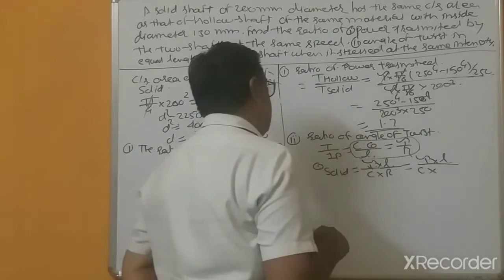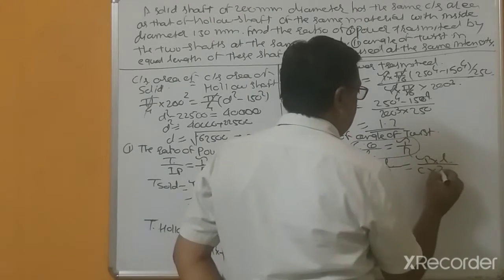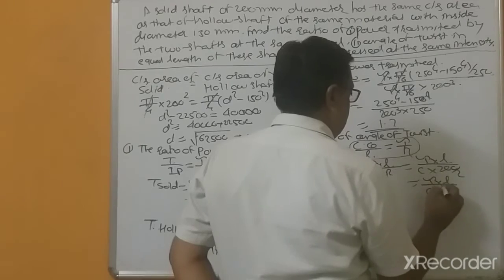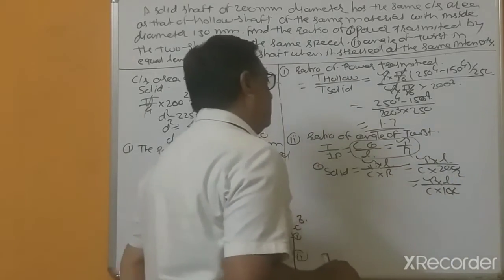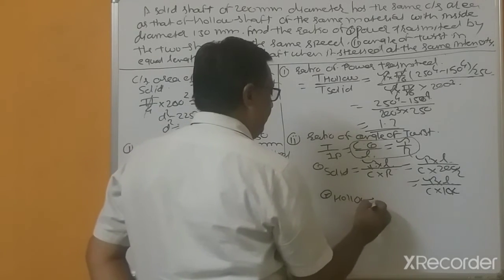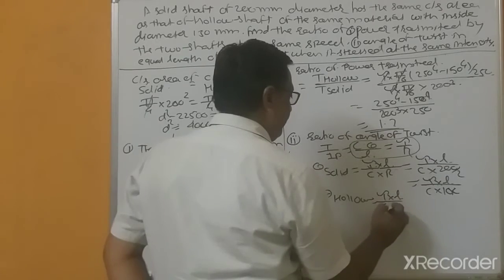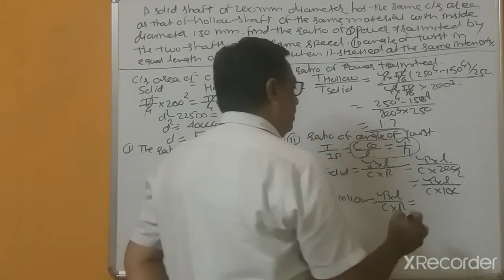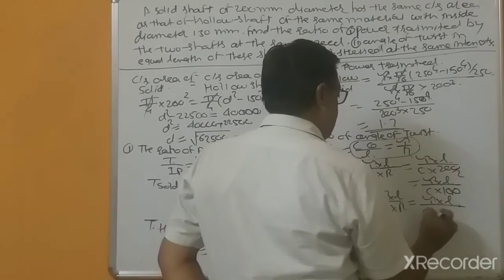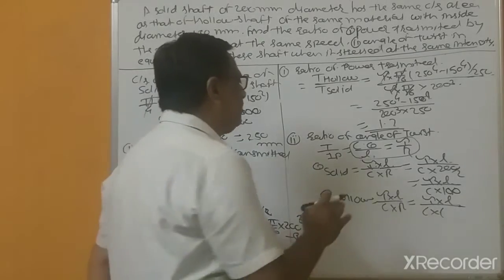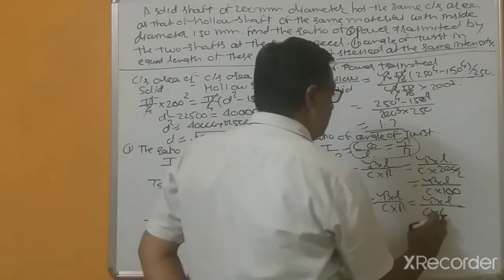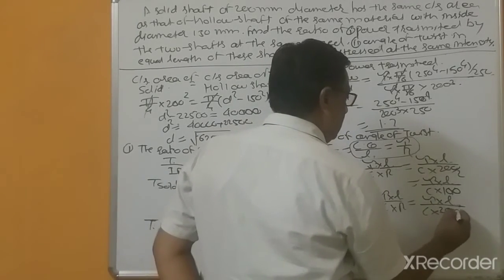Only here R equal to, for solid, this is 200 divided by 2 means, and for hollow shaft again this is same, but this is tau into L, C into, here capital R equal to, this is small r, this is capital R. So here it's 250 divided by 2.